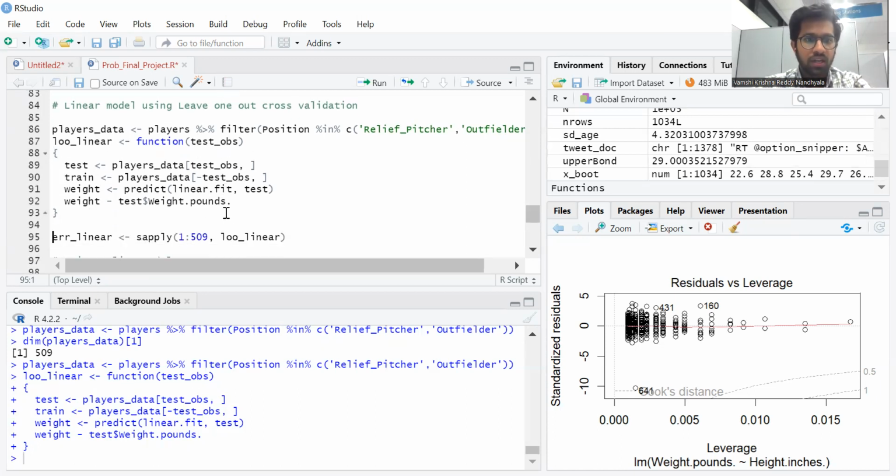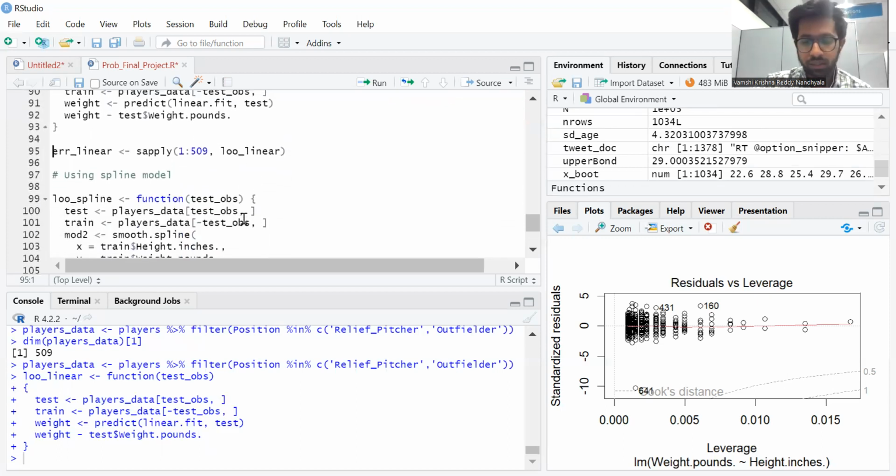In this cross validation, we are applying every value to the function via the test observations, and we are removing a single data point every time while we are training, and we are predicting with the model and calculating the error.